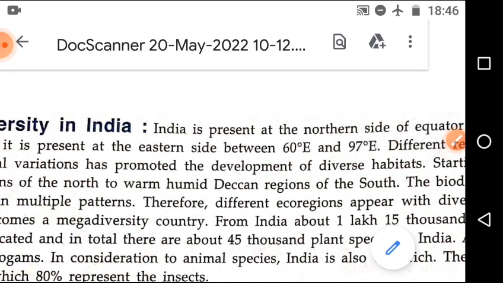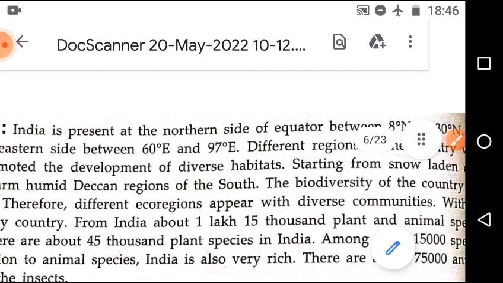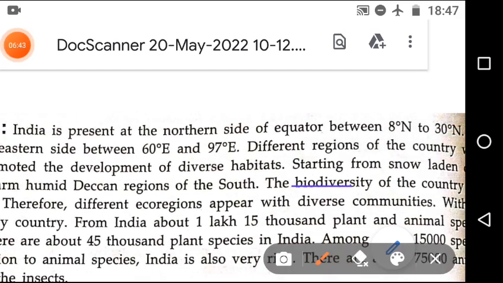In the north there is a very cold climate due to high altitudes. The northern Himalayas are very cold, and if you go towards the south of India, you will see a warm humid climate in the Deccan Plateau region in the south.